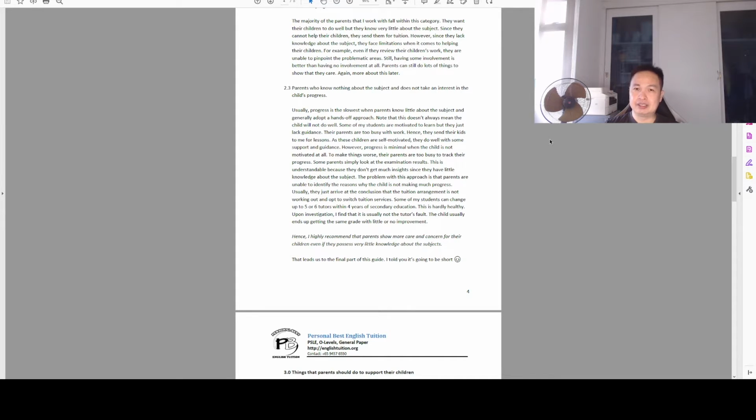Well, it may appear that there's no improvement on the result slip, but if you review the homework of the child very carefully, you will be able to see that the child sometimes is making some progress. It could be other reasons why the child is not showing the results. Maybe the paper is very hard.